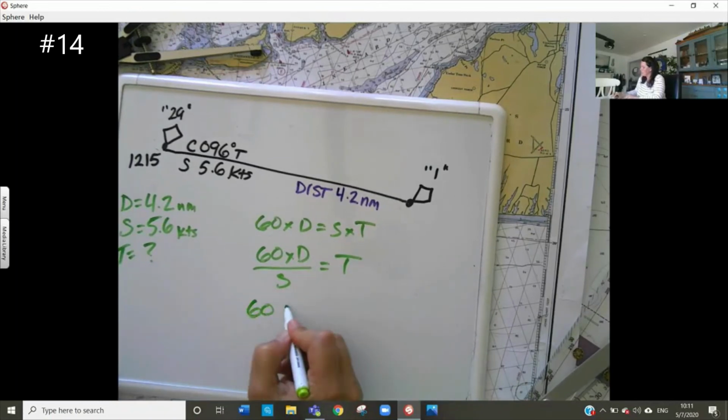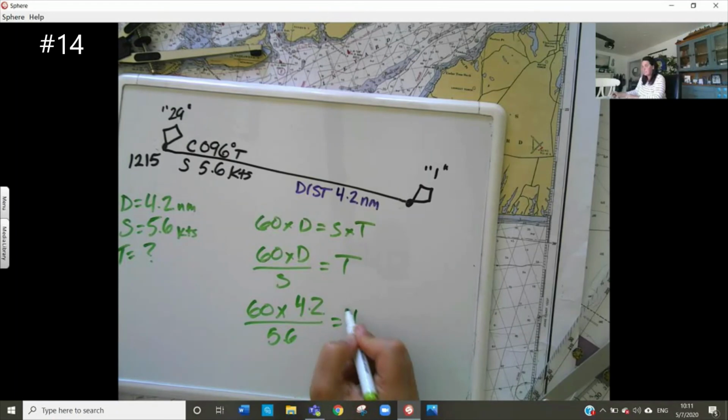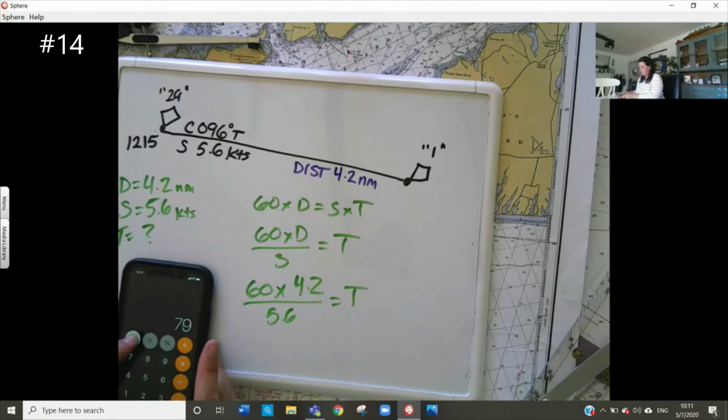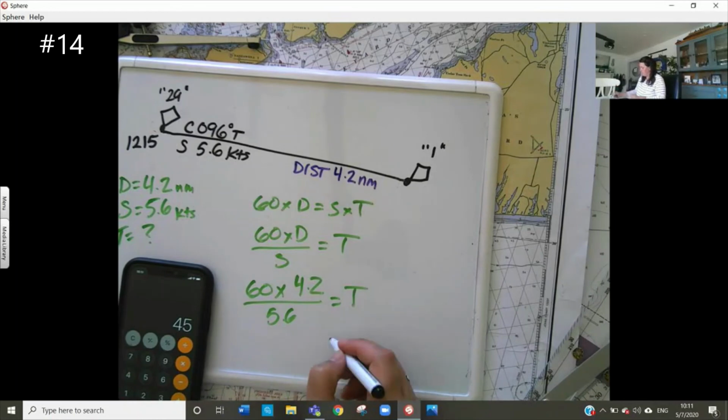So I have 60 times 4.2 divided by 5.6 gives me a time of 45 minutes.